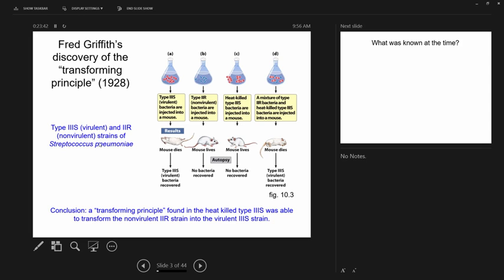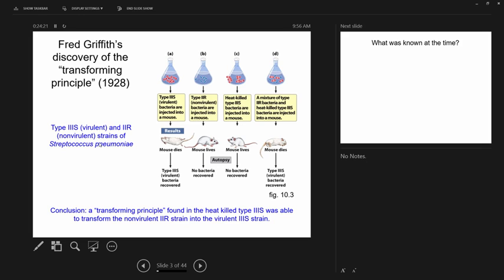All right, but the weird thing happened when Griffith took the cells that were not able to cause infection and the dead cells that, if they were alive, could kill the mouse, but now they can't because they've been heat killed. You mix them and grow them for a little bit, inject that into a mouse, and the mouse dies. And interestingly, live type 3S bacteria are recovered, even though the only live cells that were put into this organism were the type 2R.